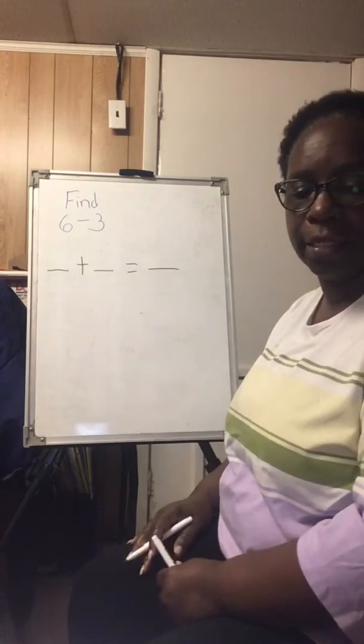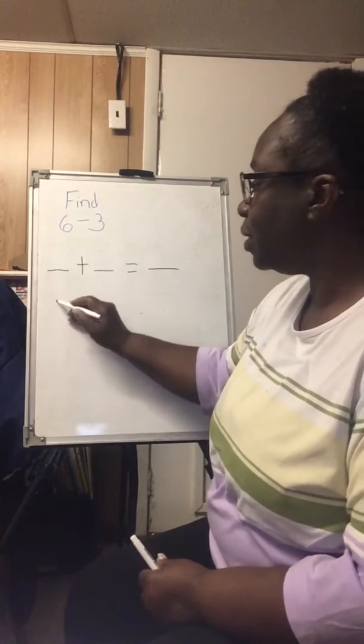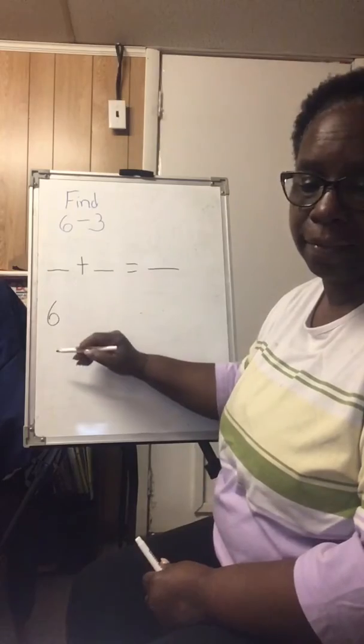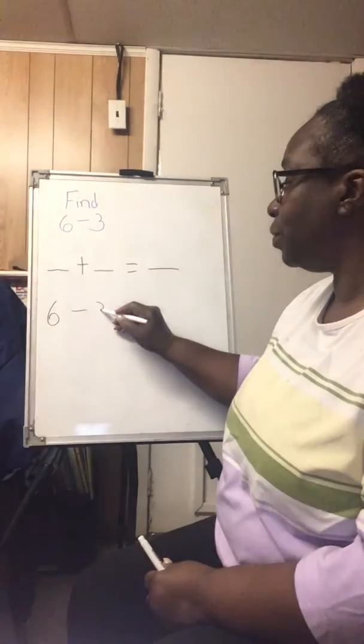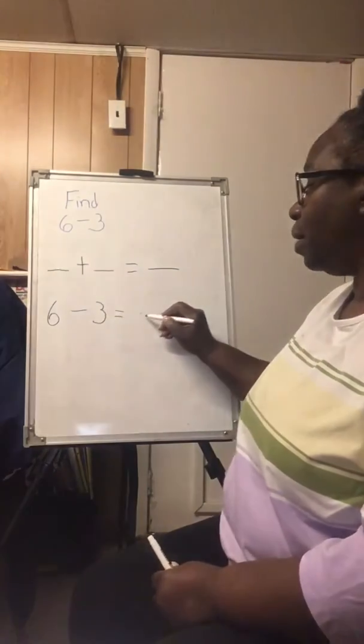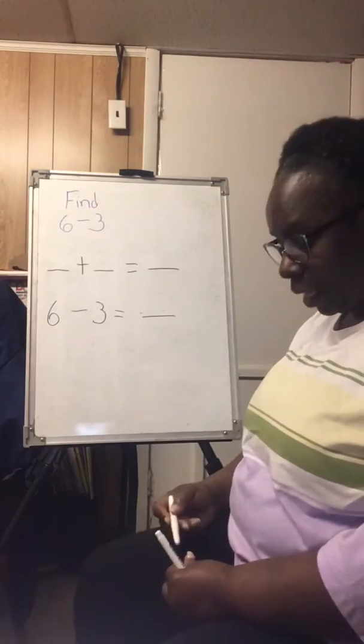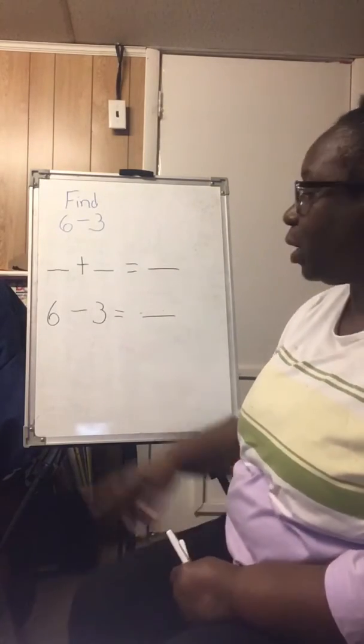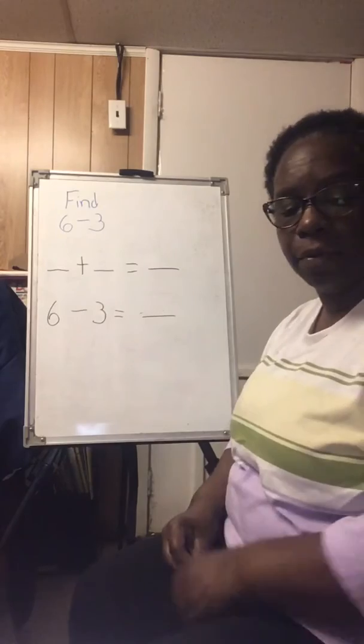A lot of blanks. Then 6 minus 3 equals blank. Okay? So we know our biggest number we're going to be working with again is going to be number 6.